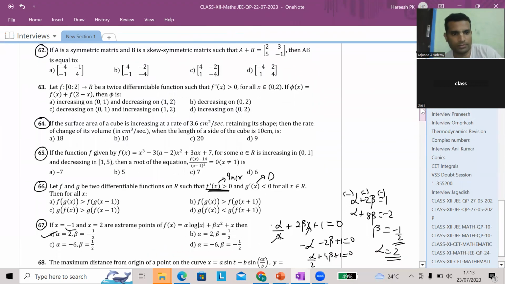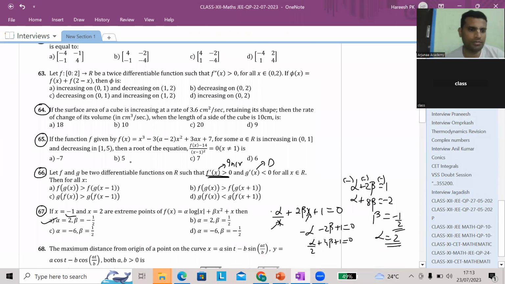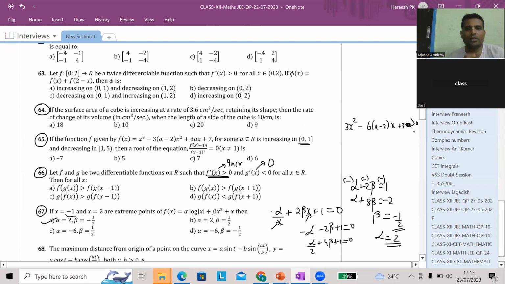Then 65. If this function is increasing in 0 to 1. So let's differentiate this. This has to be greater than 0.